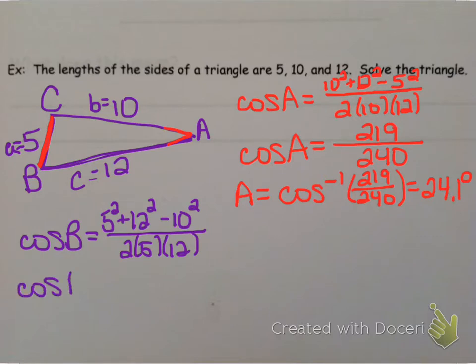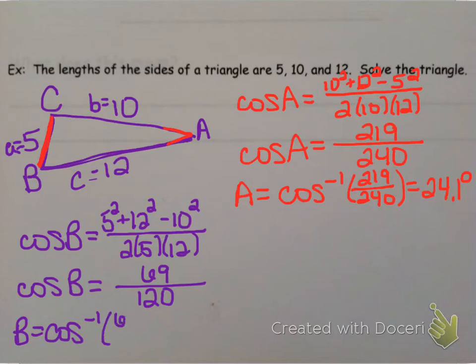So that means cosine of B is going to be, if we did the numerator, 5 squared plus 12 squared minus 10 squared is 69. And then 2 times 5 times 12 is 120.